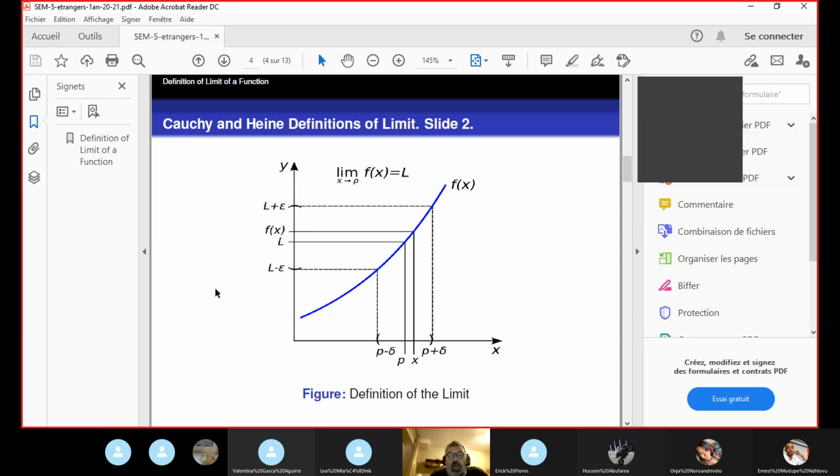Here we show only the intervals, our deleted neighborhood of the point p and the neighborhood of our point capital L. Is it clear? Yes, it's clear. Good.